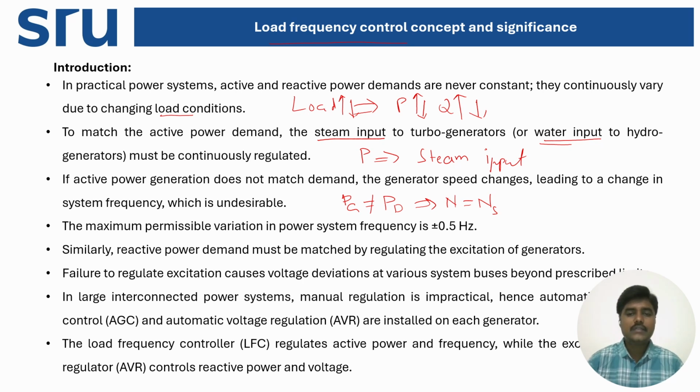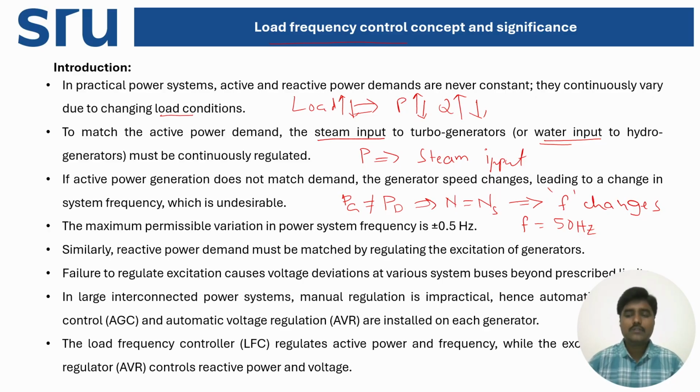When the speed changes, it will show its impact on the frequency. We don't accept frequency variations because in our Indian grid, the nominal frequency should be equal to 50 Hz, and ideally we always want to maintain this frequency exactly at 50 Hz. However, in the practical case, due to the dynamics, we can allow some changes in the frequency.